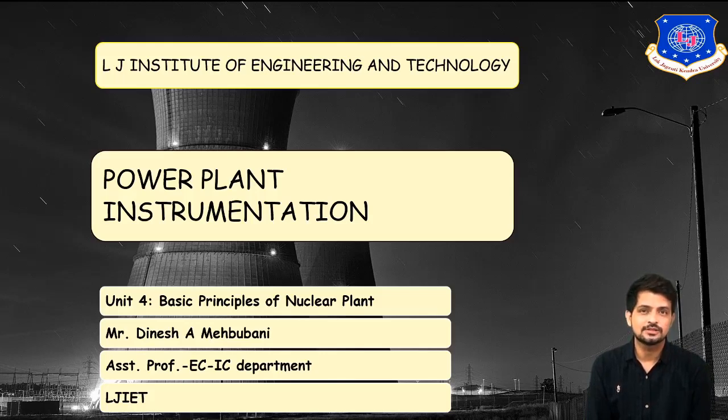In nuclear fission, uranium nuclei are bombarded and they produce a large amount of energy, and that heat energy is used to generate steam with the help of water. That steam is used to rotate the turbines, and turbines generate electricity from the mechanical energy by providing the input to the alternator. We have already studied these things in detail.